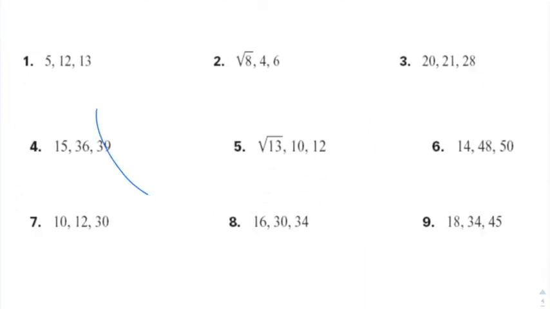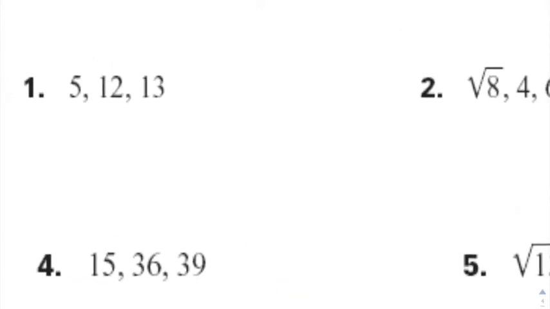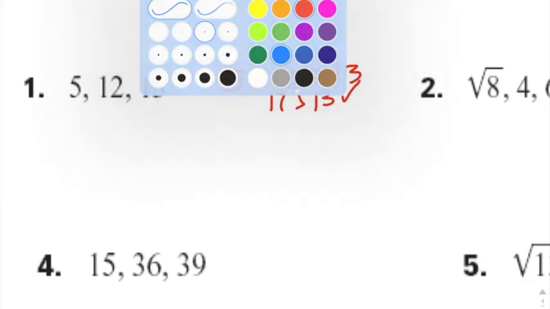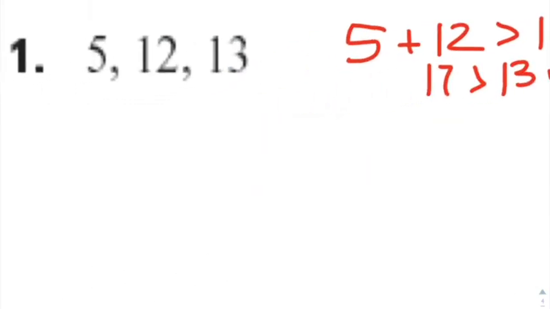Alright, so now we're going to go and classify a bunch of triangles here. I think there's 9 examples here. So first of all, we need to do the triangle inequality theorem and double check that 5 plus 12, the sum of those two shorter sides, is larger than the third side. Otherwise, we couldn't even make a triangle. So, of course, 17 is greater than 13, so that works out. So now we're going to do the theorem that we just learned.